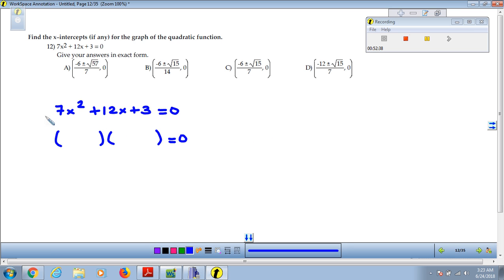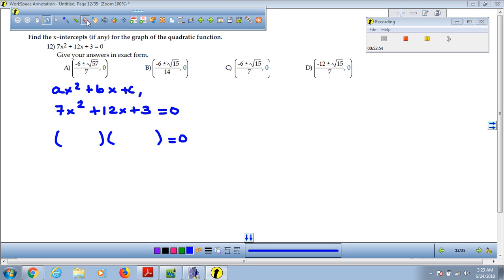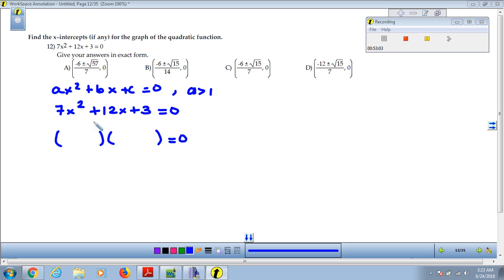So okay, this is a trinomial where we put the equal 0, where a is a number greater than 1. If you recall, those trinomials always have some extra steps compared to the trinomials where the leading coefficient in front of the x squared is a 1.